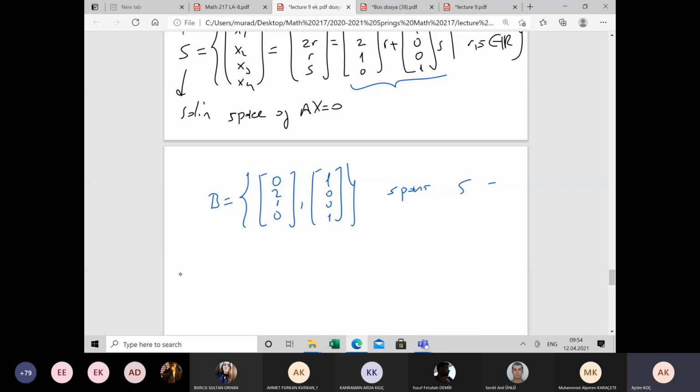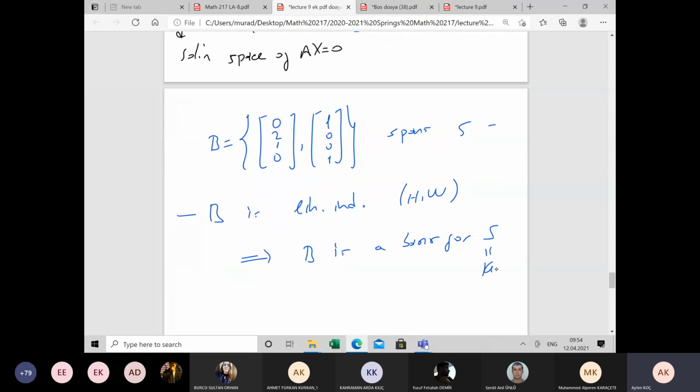That is homework. So B is a basis for S, the solution space, and also the kernel. What's the dimension? The dimension of the kernel of L is 2 because it contains 2 vectors. Any question here?